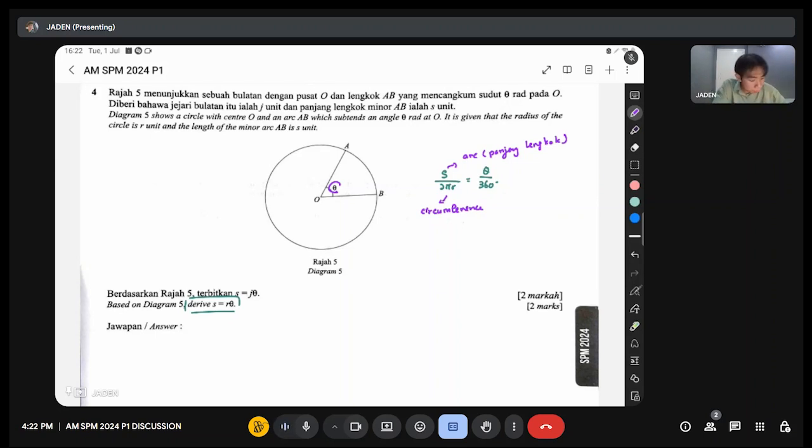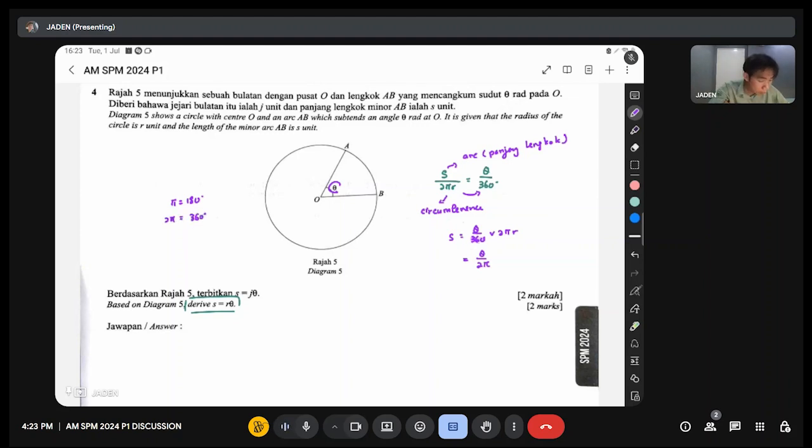So from here alone, right, we just have to bring the 2 pi r to the right hand side. S equal to theta over 360 degree times 2 pi r. The 360 degree is also 2 pi, because pi is 180 and 2 pi is 360.